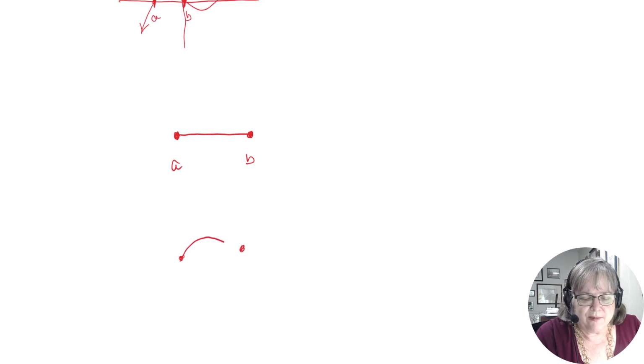You could arch up and go over from a to b. So in order to get back to the same height, if you start at a certain height here and you're traveling over, if you went up, you have to go down.